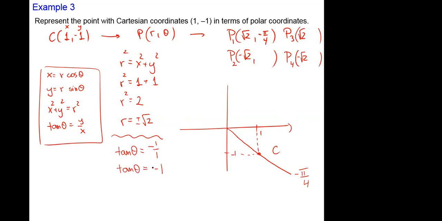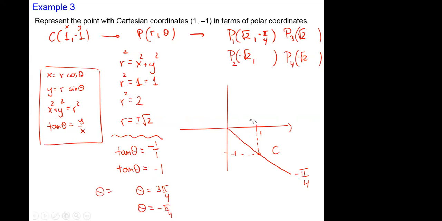And tangent of what angle is 1? Of course, pi over 4. But tangent is negative in the second quadrant, which I can say is 3 pi over 4, and tangent is negative in the fourth quadrant, which we can say is negative pi over 4.